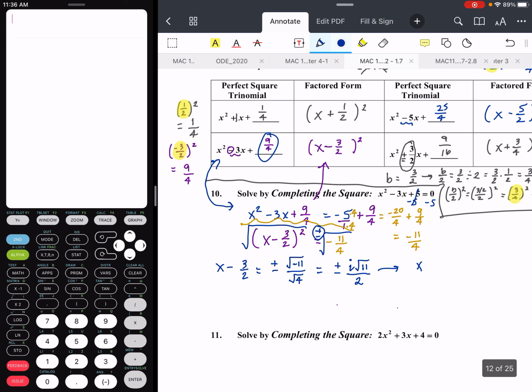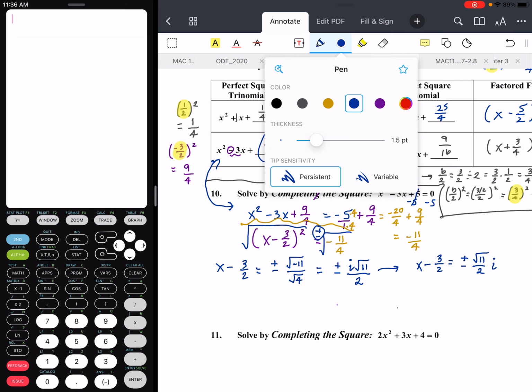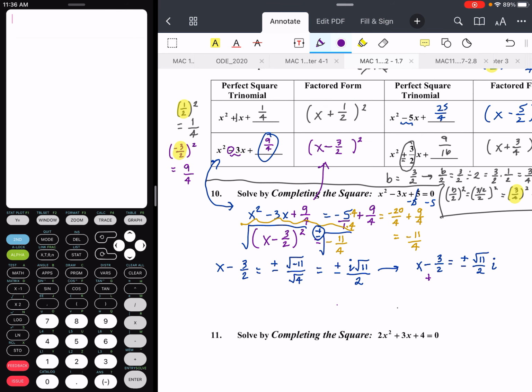So pulling this together, at this point I have x minus 3/2 equals plus or minus, and I'm just going to rewrite this to make it look a little prettier as √11 over 2 as the coefficient in front of i. And then final step, I need to solve for x, so I'm going to add 3/2 to both sides.